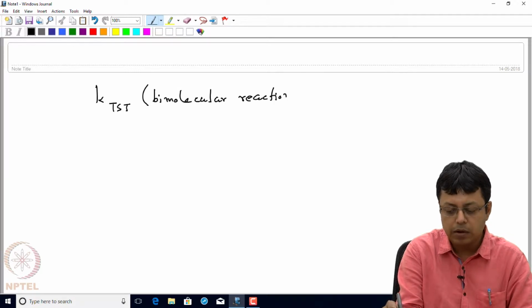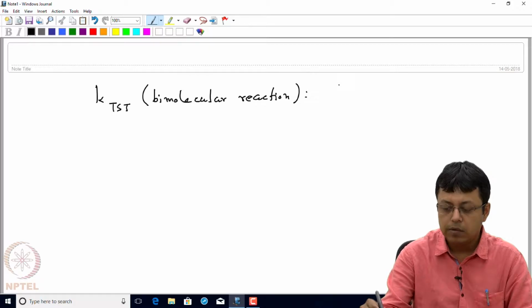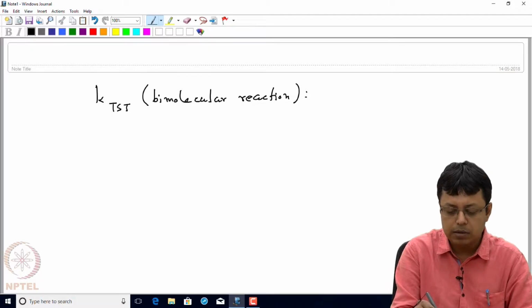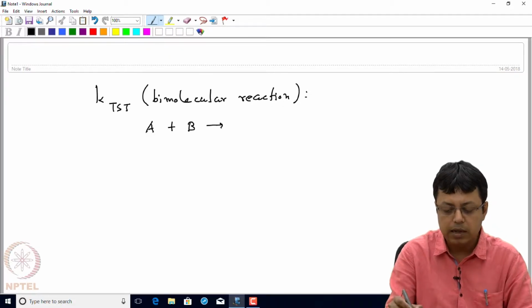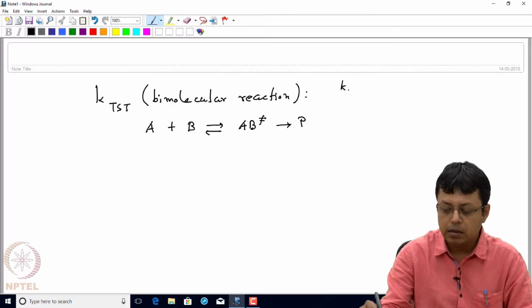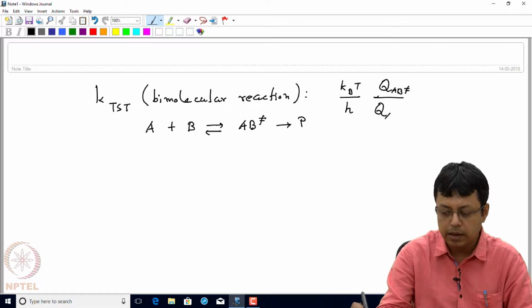If you remember, it's a bimolecular elementary reaction, something like A plus B, and the assumption was that we have a transition state in between, which gives the product. The rate constant was found using the Eyring equation, kBT by h, times the ratio of the partition function of AB dagger divided by A and B.